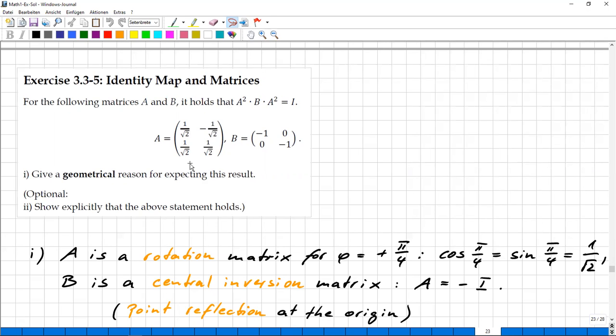Especially we remember the angle of pi fourth, which is half a right angle. It has a sine and cosine which are both the reciprocal of square root of 2.